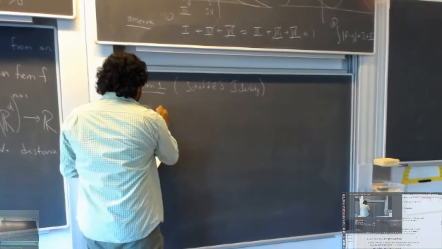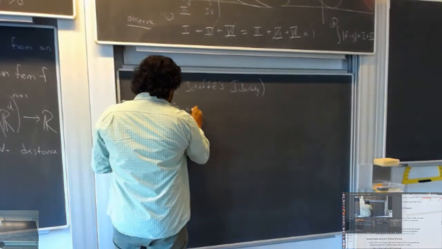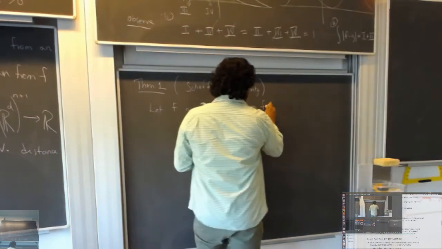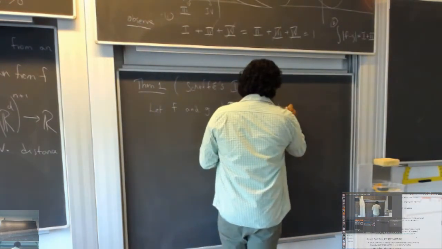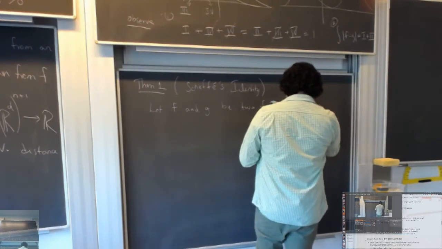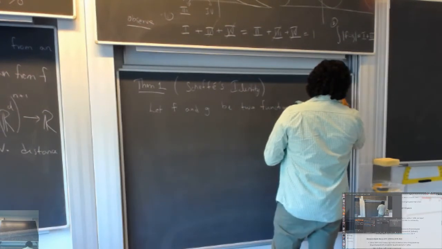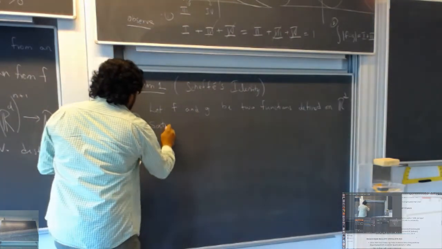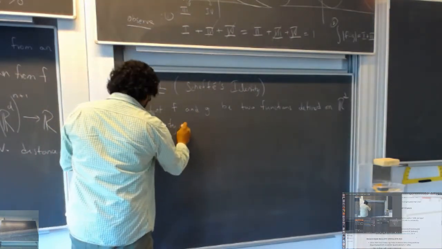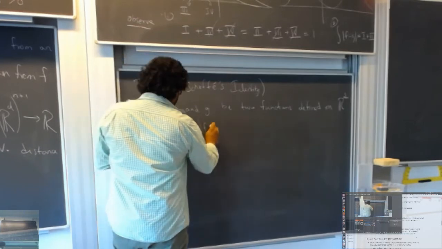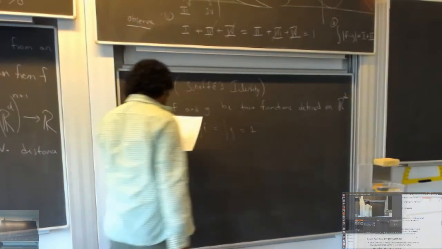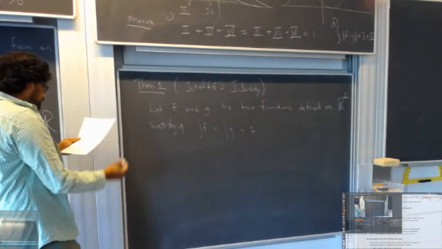So let f and g be two functions defined on R^d. These are densities, so they're normally two densities.